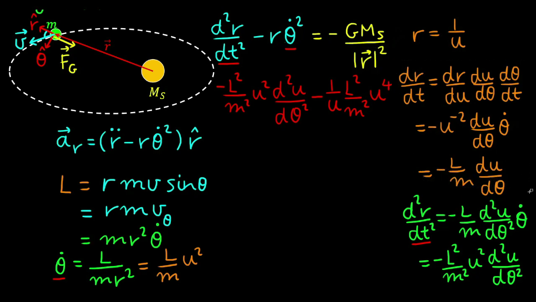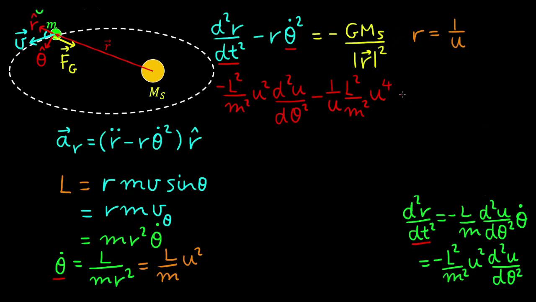Let's make a bit of space. And on the right hand side, we have minus G times the mass of the star times the squared magnitude of r, where r is the magnitude in shorthand notation.